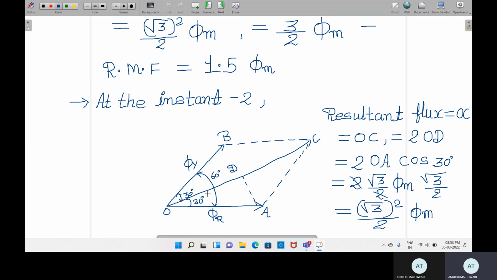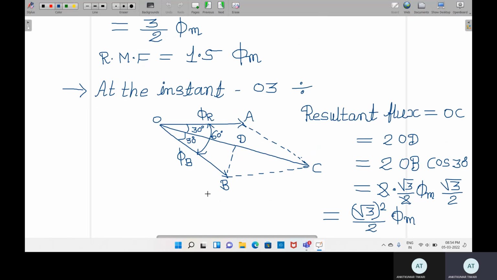So we have observed that the resultant flux produced by the three-phase system is not stationary, it rotates at a specific speed, or it rotates within the space.